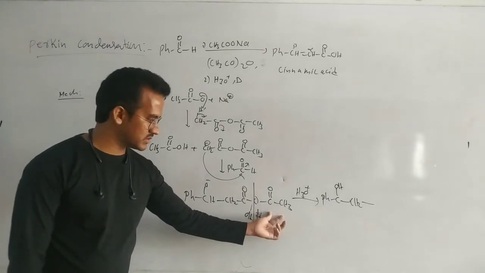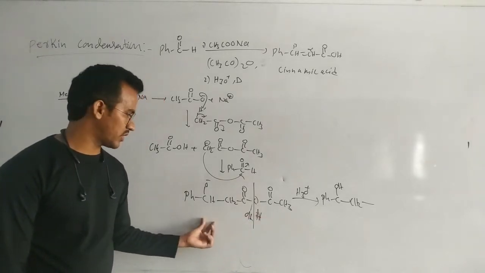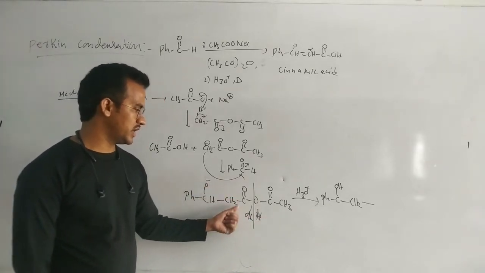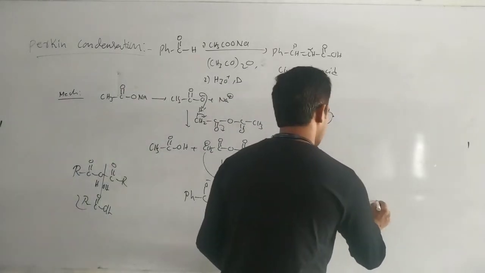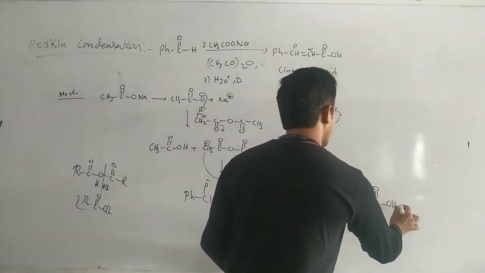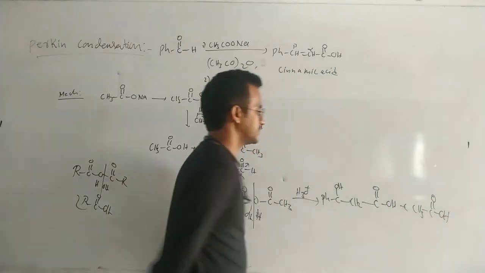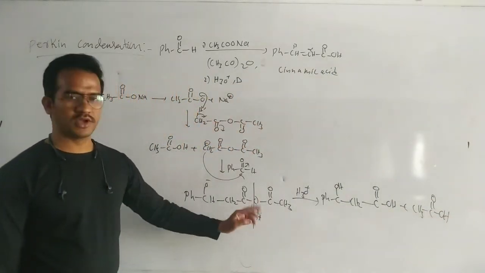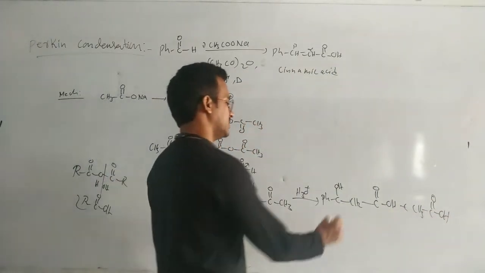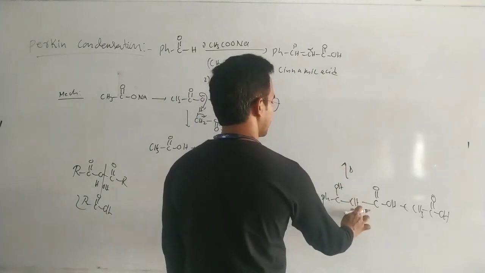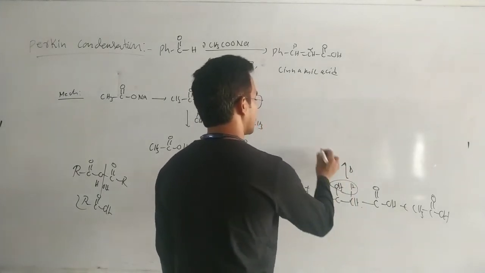This is one carboxylic acid moiety and this is another. The O minus is converted to OH, and this is converted to C(=O)OH, plus acetic acid, CH3C(=O)OH. Now on heating, loss of a water molecule takes place.